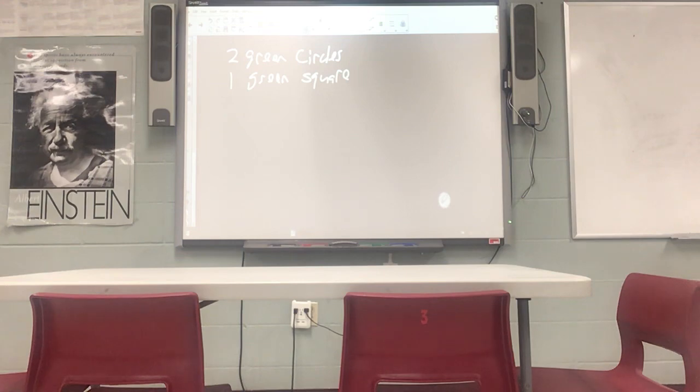There are 2 red circles. There is 1 red square. There is 1 orange circle. There is 1 orange square.